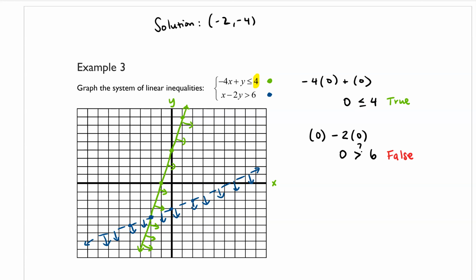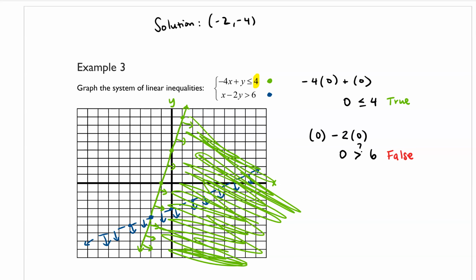Now, if I were to have shaded the green and blue, maybe I can go ahead and do that. So green is anything on the right side of the green line, and then the blue shading is going to be everything down here. Now, I don't like to double shade like that because it gets very messy.